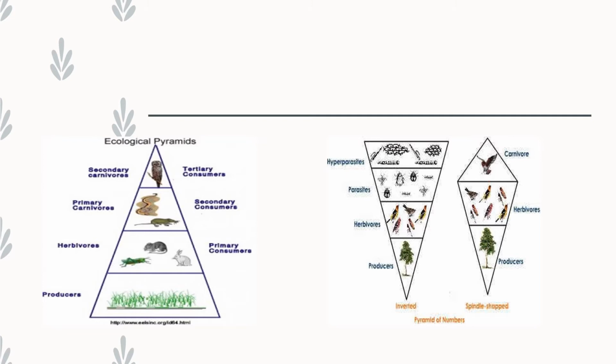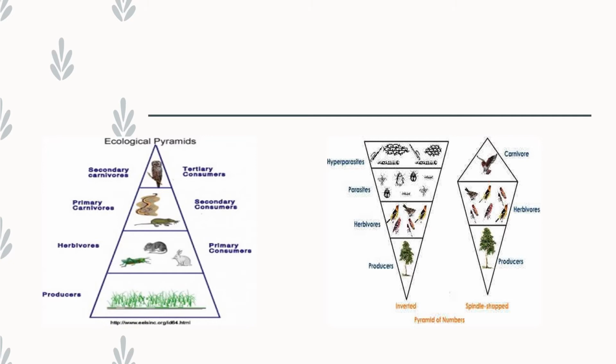And when we talk of a single tree, that is an inverted pyramid, where the numbers are increasing. A single tree is there as a producer, and on it so many birds are living. So numbers are increasing.